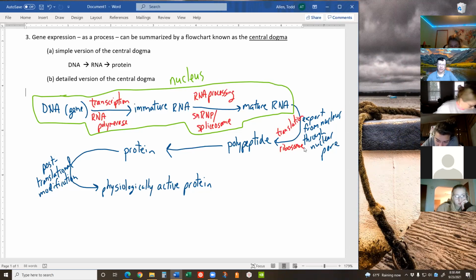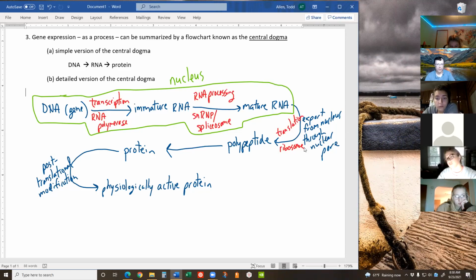It's kind of limp and it's laying all over the place. It doesn't have much structure to it. So a polypeptide tends to be unstructured, meaning it does not have a defined shape.